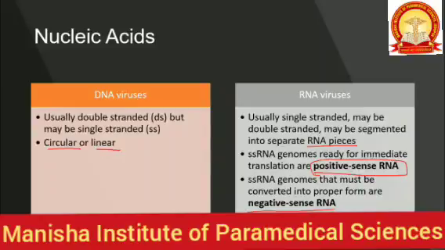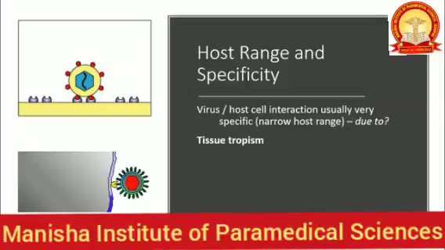But if the RNA needs to be converted, that means that RNA acts as a template to make another RNA, and that other RNA is translated into proteins, then the earlier RNA is known as negative sense. That means positive sense RNA can directly be converted into proteins. Negative sense RNA needs to be converted into positive sense RNA first and then converted into proteins.